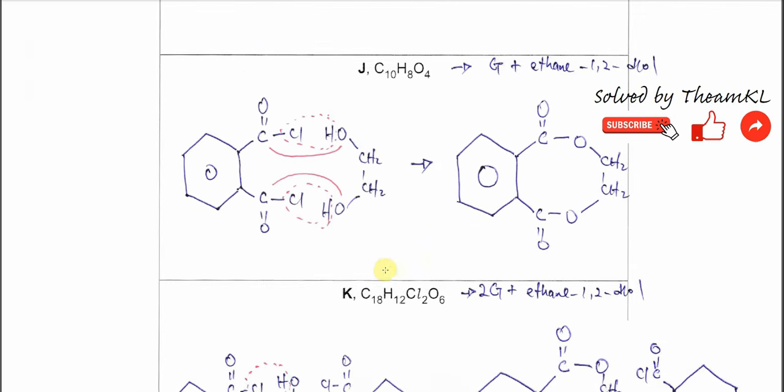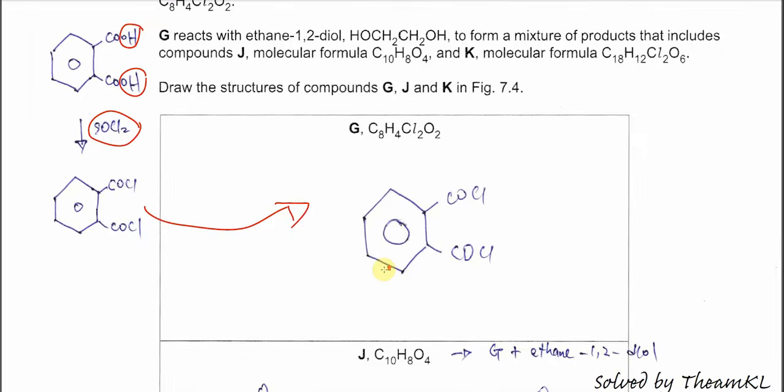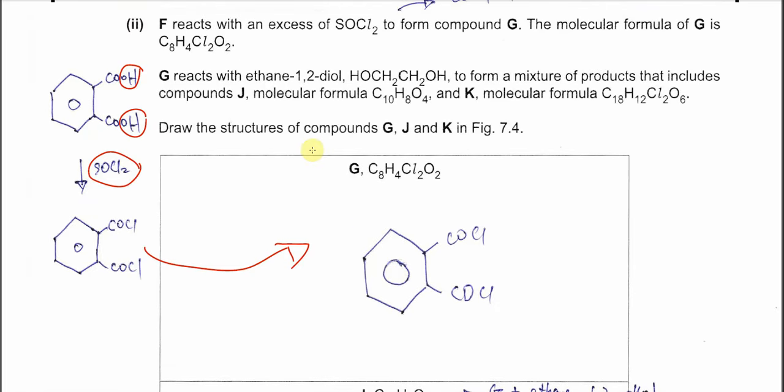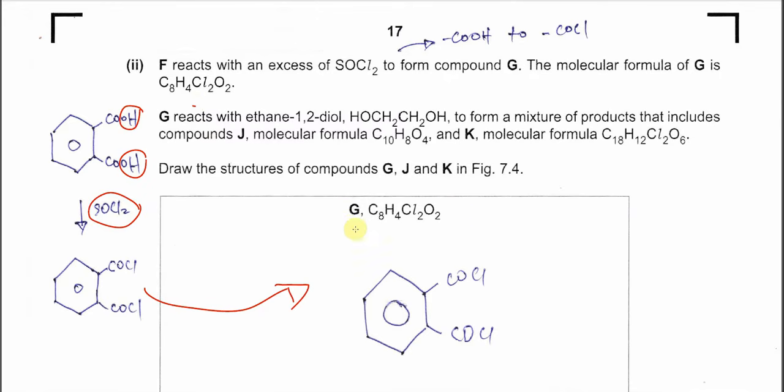And for the J and K, you have to be careful, because I already said that G, this diacyl chloride, reacts with ethane-1,2-diol. Then you need to know how the ethane-1,2-diol looks like. It means this one. The OH is at the terminals. So 2 carbons, ethane-1,2-diol.